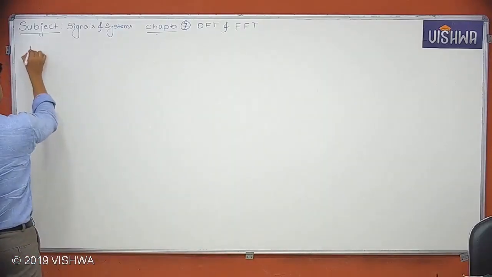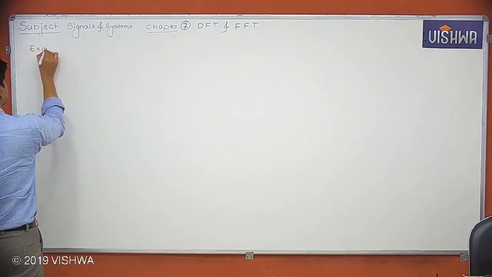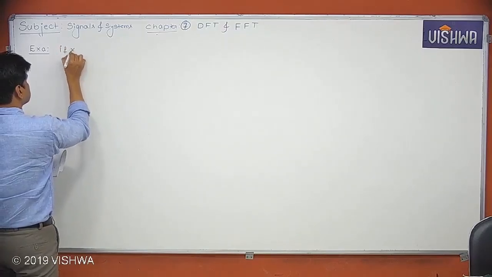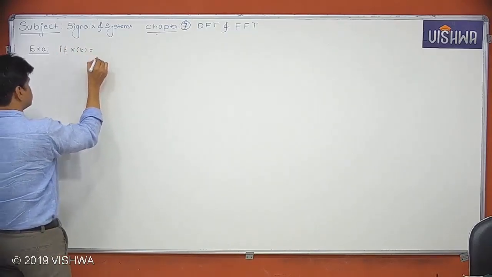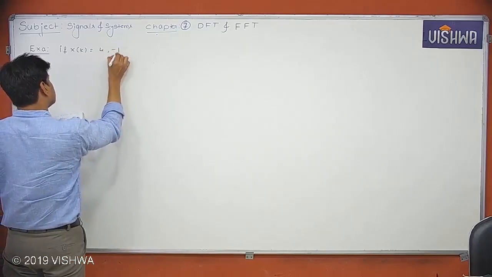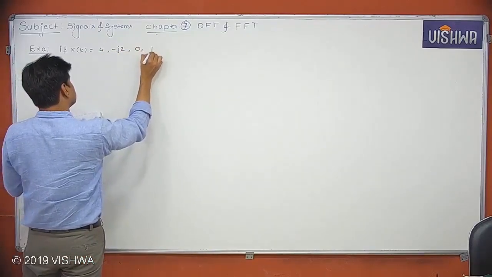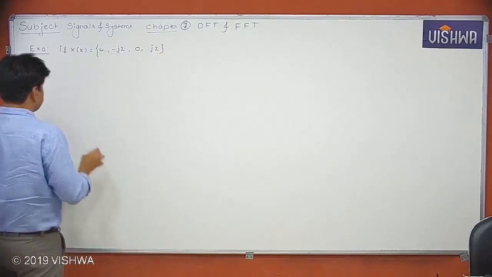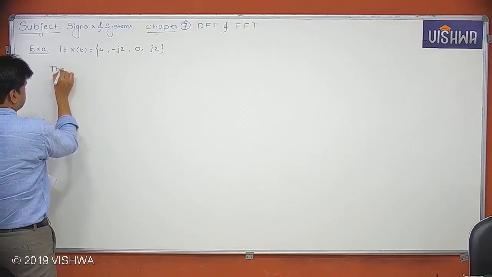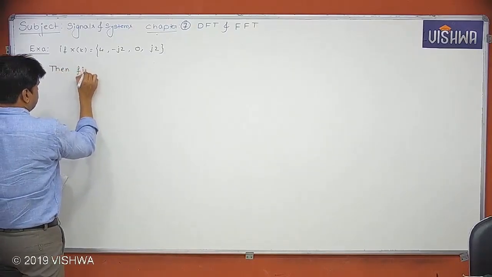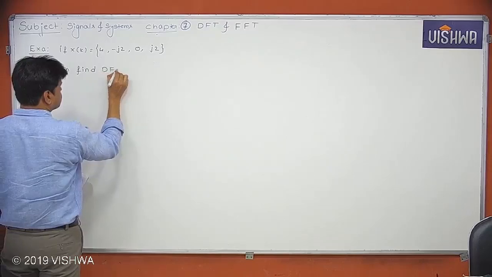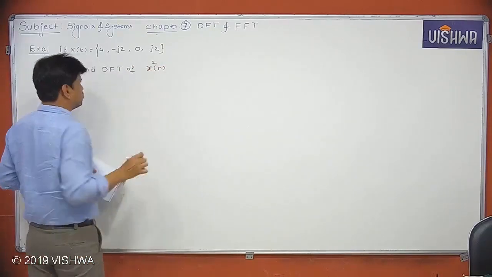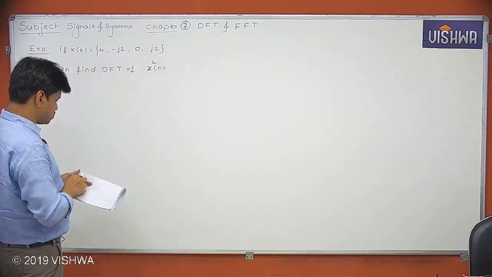Let's take an example. If X of k is equal to 4, minus j2, 0, j2, then find the DFT of x of n squared.